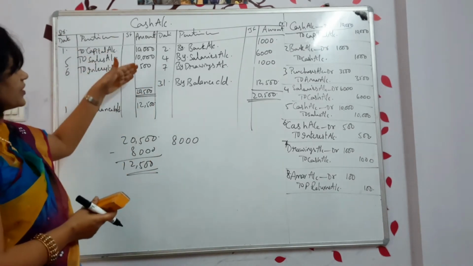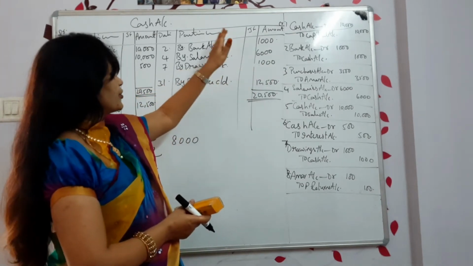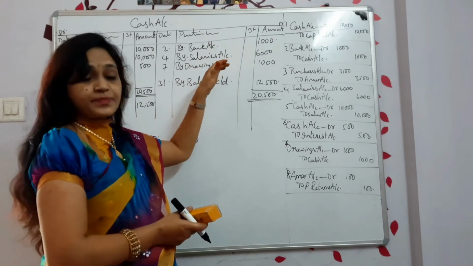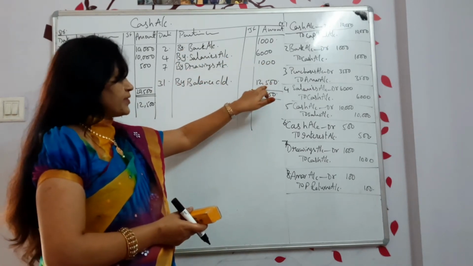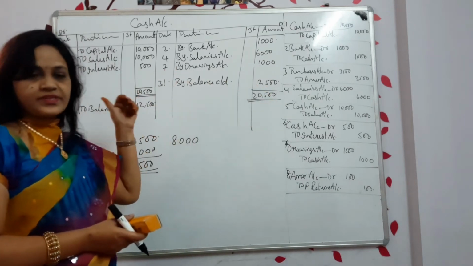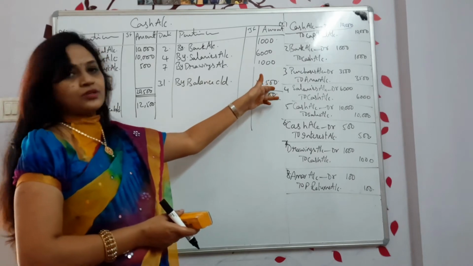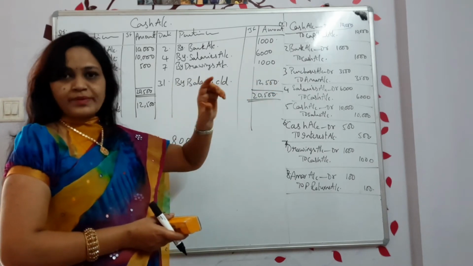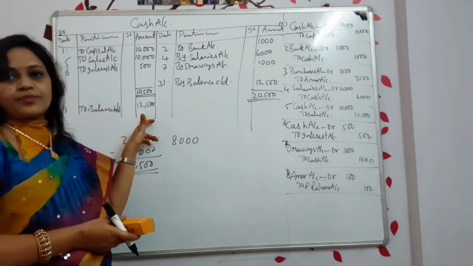Actually I had 20,500 cash. From that I deposited into the bank, I paid salaries, I spent on drawings. Altogether I spent 8,000. Now how much money do I have in hand? 20,500 was there, 8,000 I spent, so now there is 12,500. That you have shown here. With that money, the next transactions will go on. So I brought this amount here.